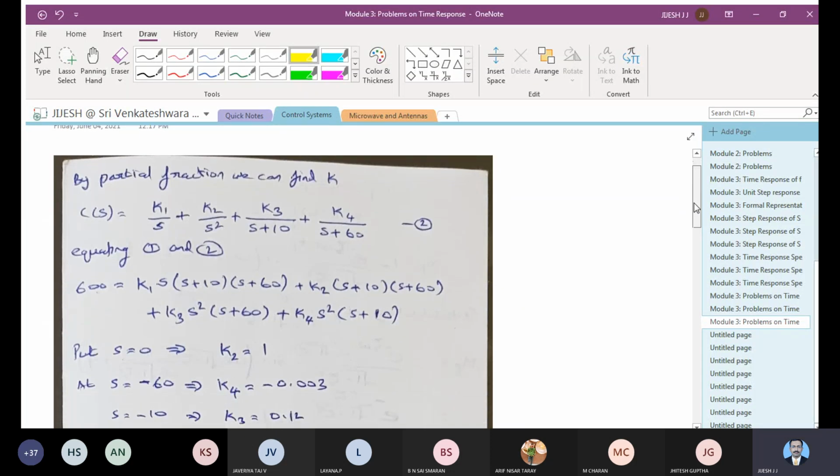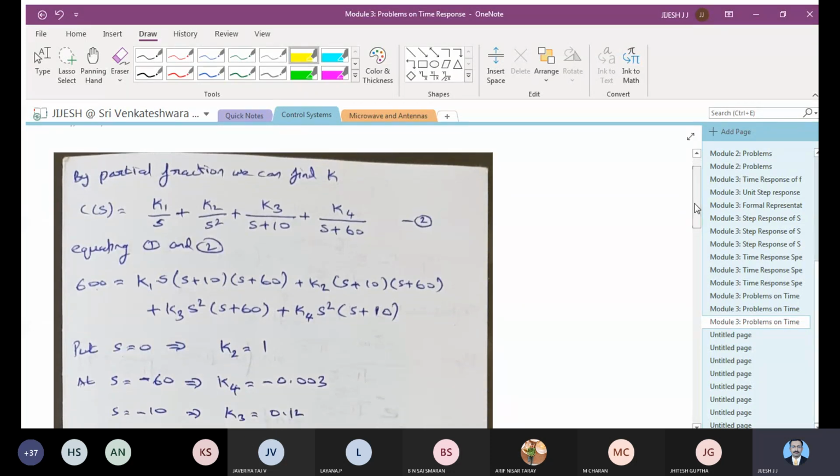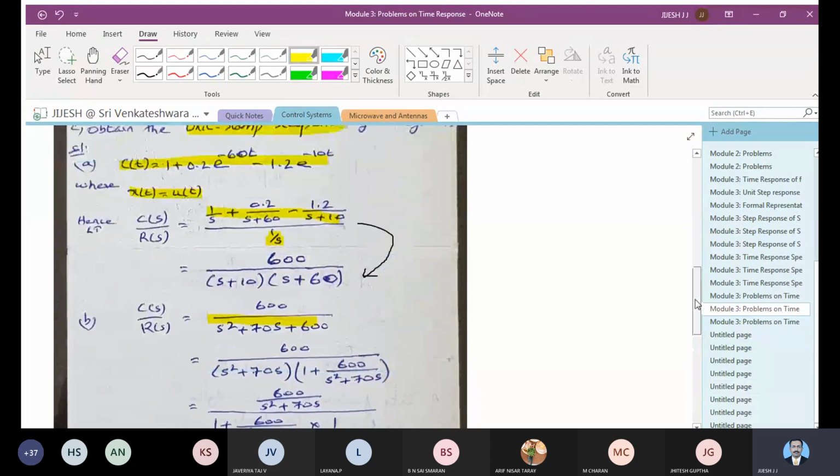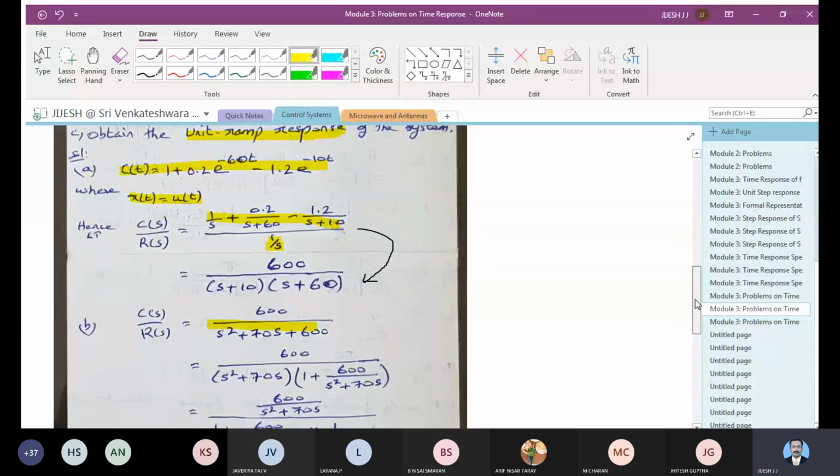By partial fraction, we can find the value of k. So this is the method. You have to see that you are doing it for the first time. What they have asked you is to obtain the unit ramp response of the system.